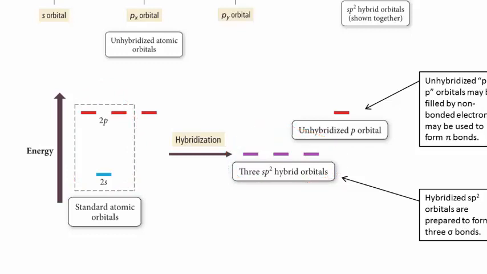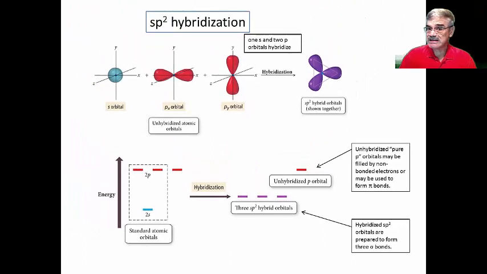Now, if you're counting, you realize that we had 1 p orbital that did not play in this hybridization game. That we still draw as being left behind, an unhybridized, pure p orbital, which may or may not contain electrons. And we'll see in the next slide that the sp2 hybrid orbitals are sigma bond ready.